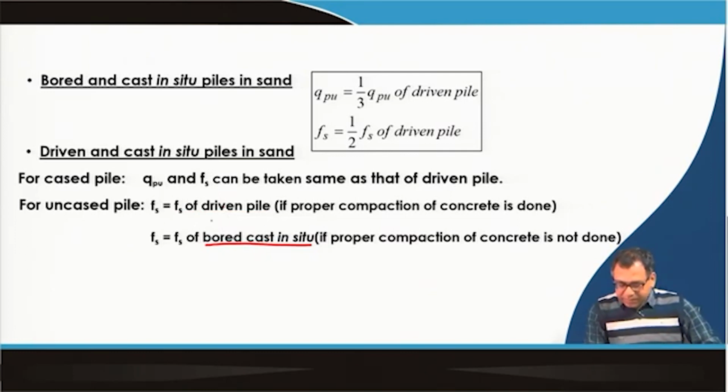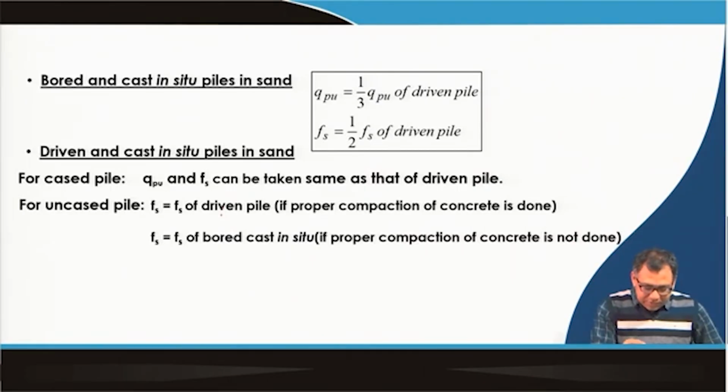If the proper compaction of the concrete is not done, then we have to determine the bored cast in situ pile Fs, that will be Fs in this case. So, first one is the driven pile, then next one is the bored pile. If the compaction is not done properly, then the bored pile. If the compaction is done properly, then driven pile. So, these are the equations.